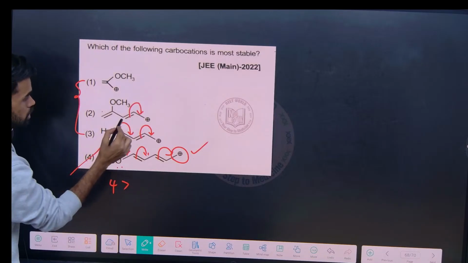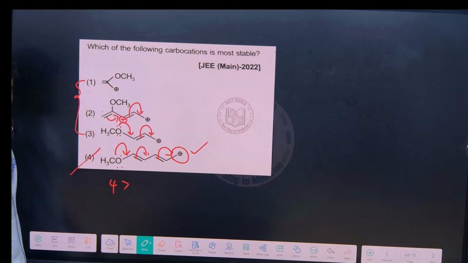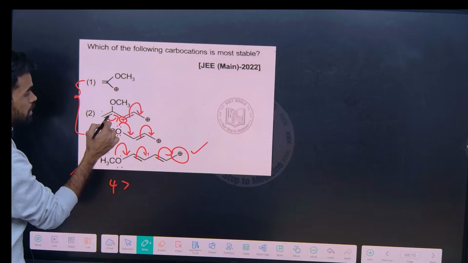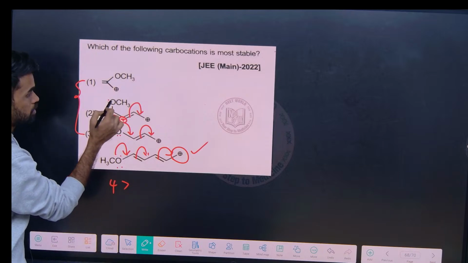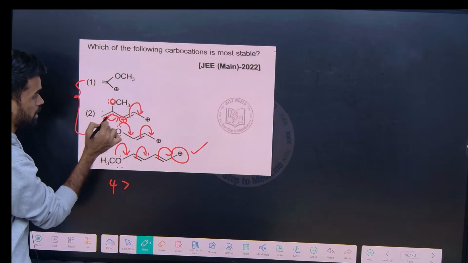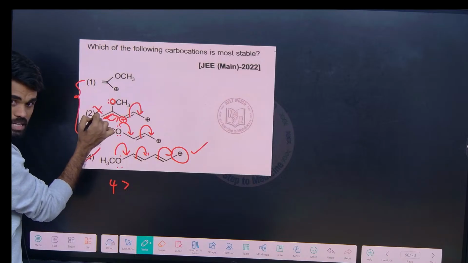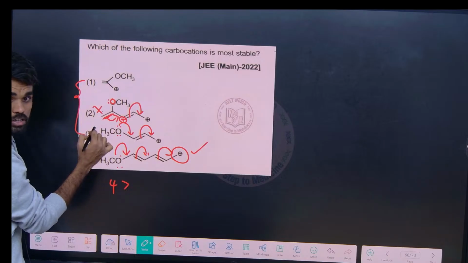Okay, after that you will get a positive charge here. This positive charge is stabilized by the pi bond, and this pi bond is in conjugation with the lone pairs. These lone pairs are not in conjugation with this pi bond, so what I can say is that this is cross conjugation. Cross conjugation makes it less stable when we compare it with continuous conjugation.